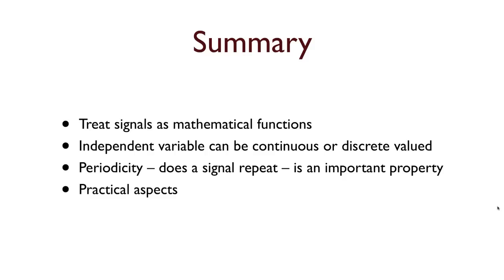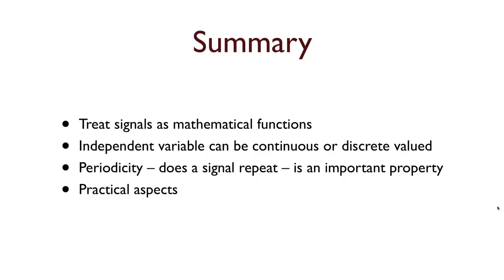And from a practical sense, there's a couple of issues. One is that when we're displaying signals in a computer, once we've got them in the computer, they automatically have discrete independent variables. So we have to sample them to get them in there. But for display purposes, we may choose to connect the samples with straight lines or otherwise, and thus present a visual picture as if it were a continuous independent variable.